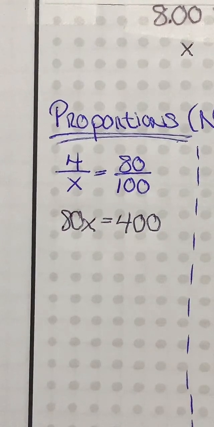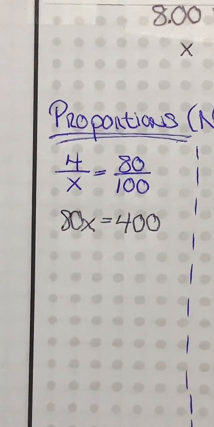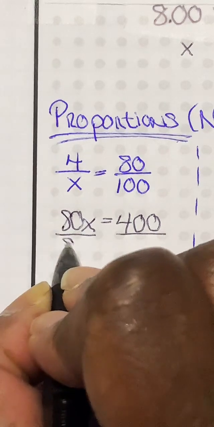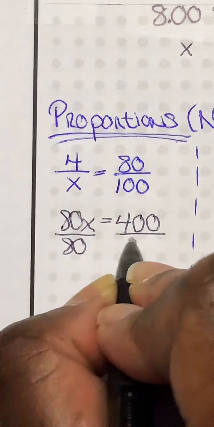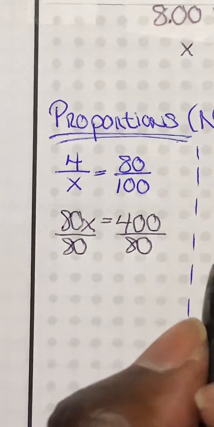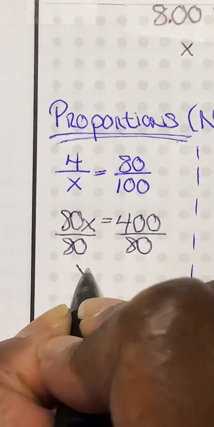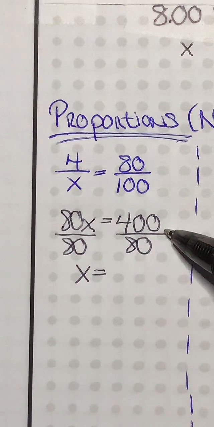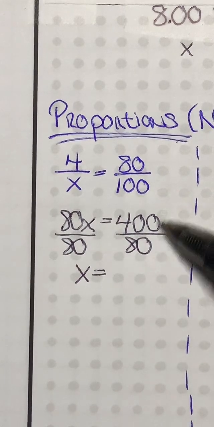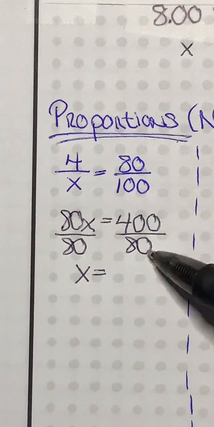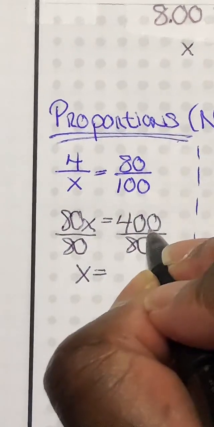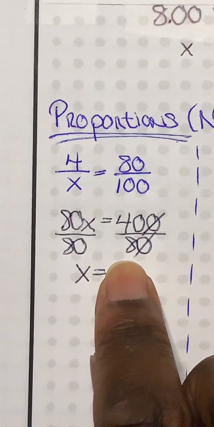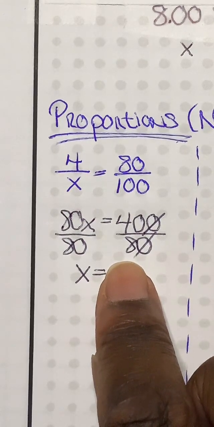Now I want to get x by itself. There you go. So if we divide both sides by 80, we'll get our x. Now, instead of you killing yourself doing all this, we got 2 zeros on the ends. Cancel them out. Make your ratio smaller, more manageable.